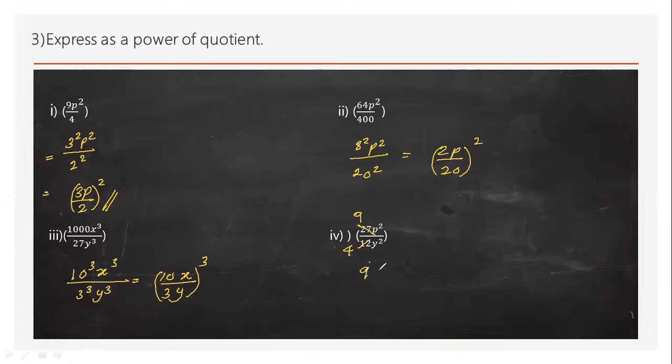First we write like this: 9p squared over 4y squared. 9 is a square number, 3 squared, p squared, divided by 4, which is a square number, 2 squared, y squared. So (3p over 2y) to the power 2.